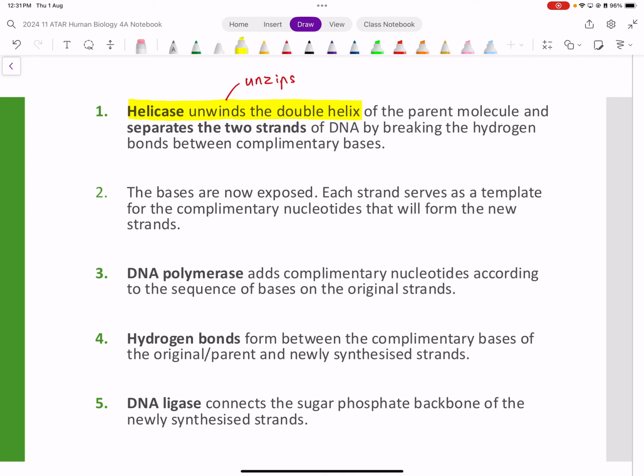What this results in for us is separation between our 2 strands of DNA, thanks to the helicase's ability to break those hydrogen bonds. And those hydrogen bonds are occurring between our 4 bases. Once again, I'll write them off on the side. Adenine and thymine, guanine and cytosine.